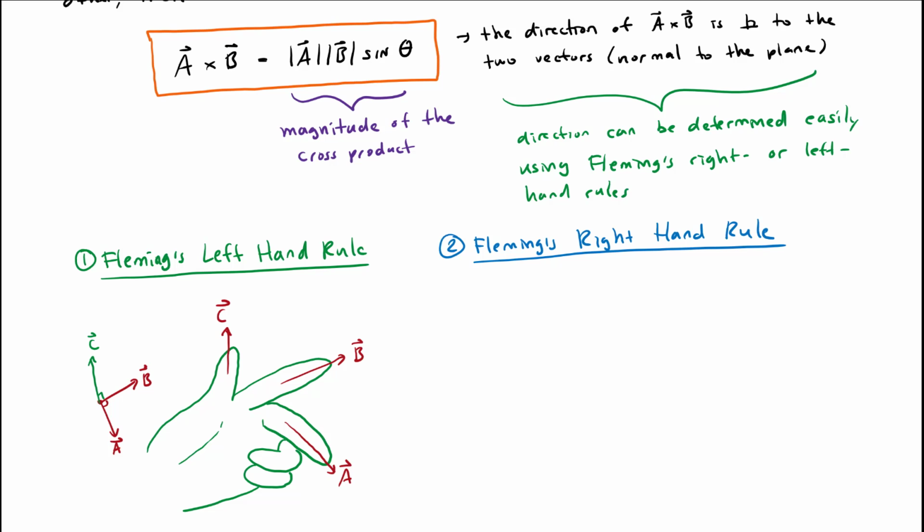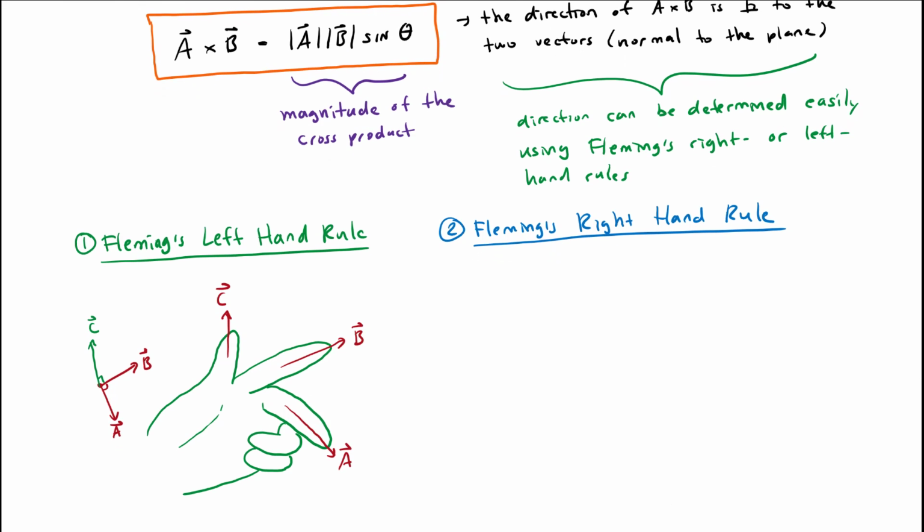So now we look at the right hand rule. Let's kind of draw the opposite of this. So there's my thumb, and I have my index finger.